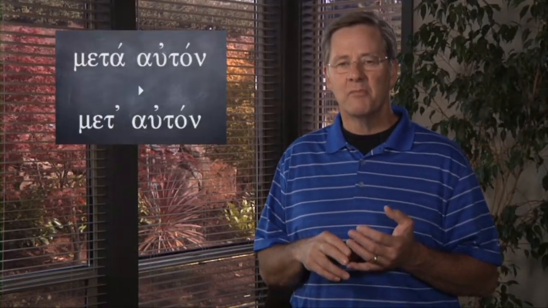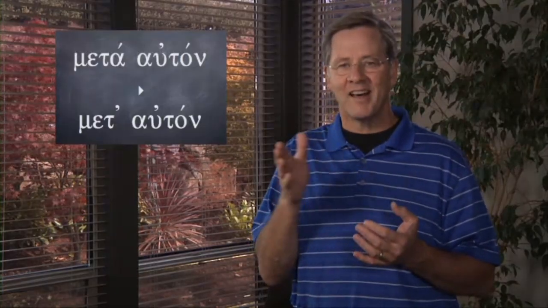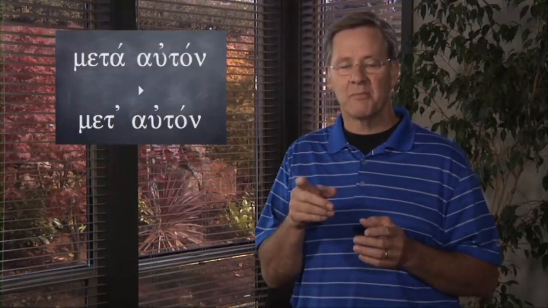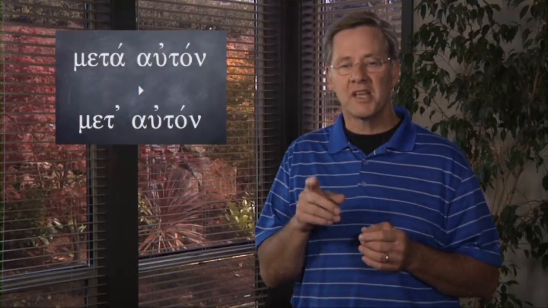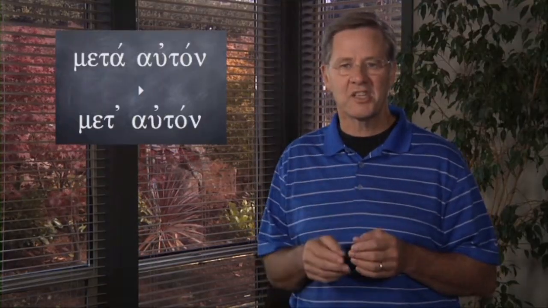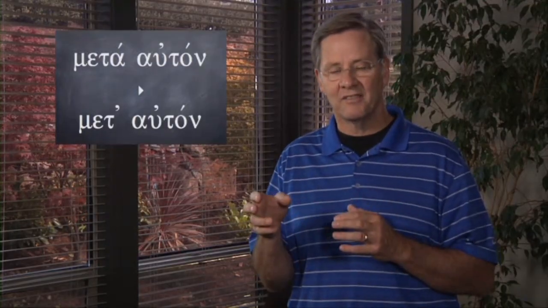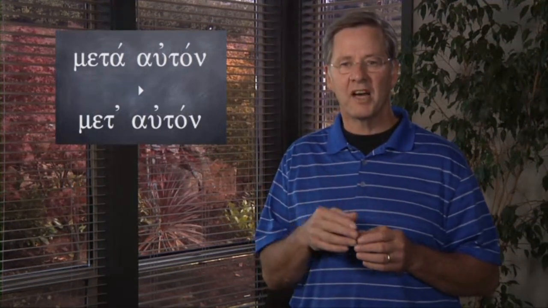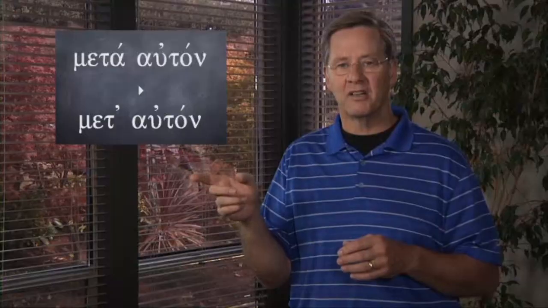You can't say meta auton with that unnatural pause in there. So what happens? The alpha on the meta drops off, and you say met' auton. You can hear how much easier that is to say. Say it yourself, okay? Say it with the alpha, meta auton. Okay, you don't like that pause, a hiatus. And so you drop off the alpha, and it says met' auton. So that's just an example of elision.